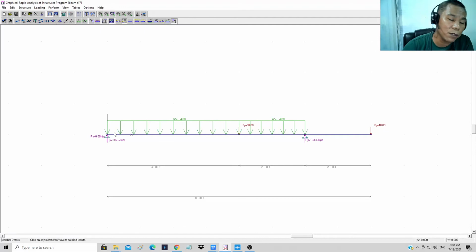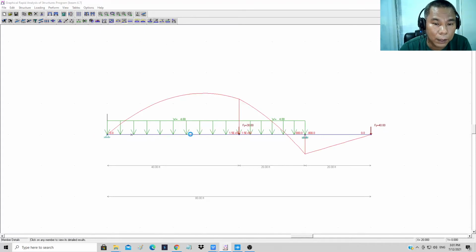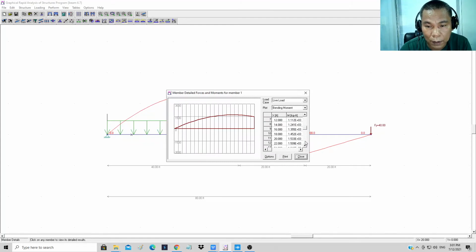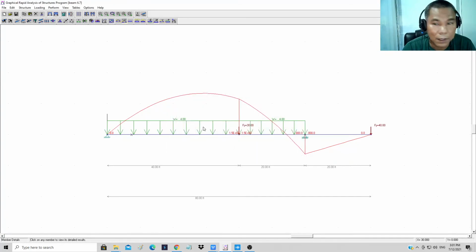That's 1701. In our result, here at approximately 30 feet, that's 1,700. But the highest value of the moment is 1,701. In our example, that's 1,702. So there is just a round-off error in this particular case.